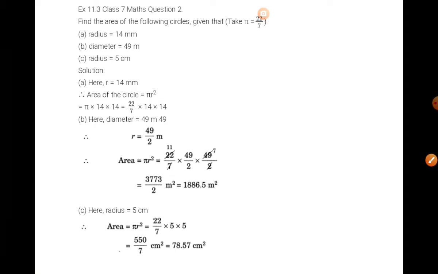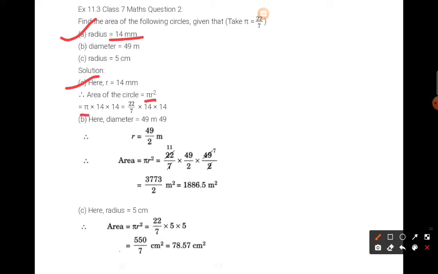So first one is radius is 14 millimeter. Now here radius is given 14 millimeter. Area of circle formula is pi r square. So r means radius which is given, 14, and r square means we have to take 14 two times. So I'll show you the calculation part here.